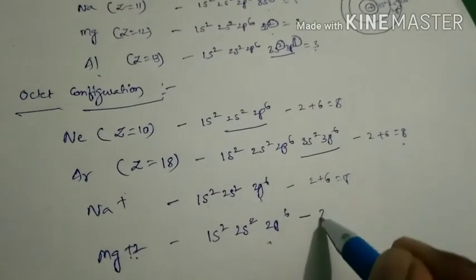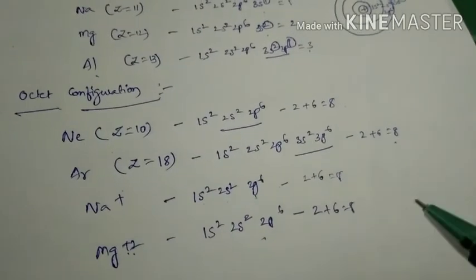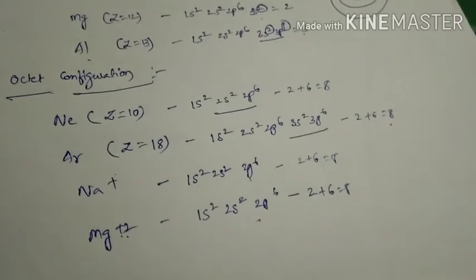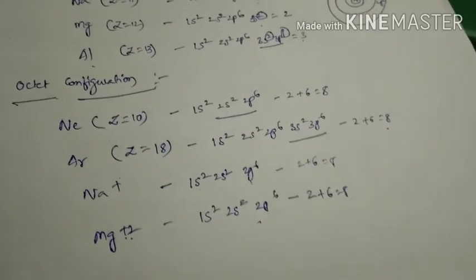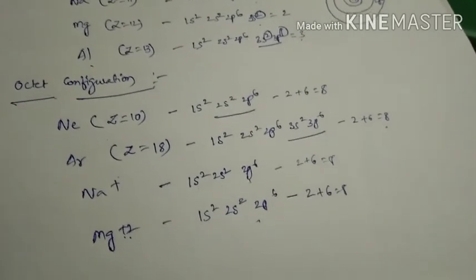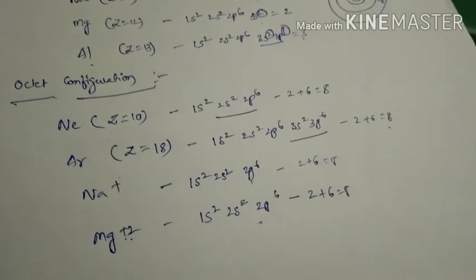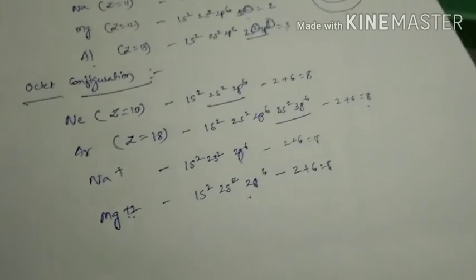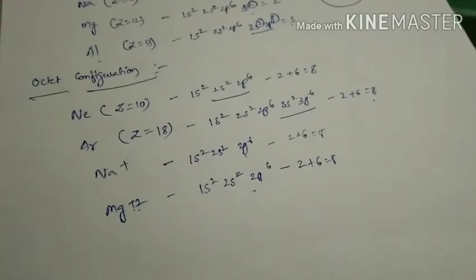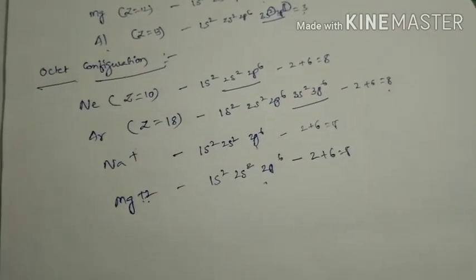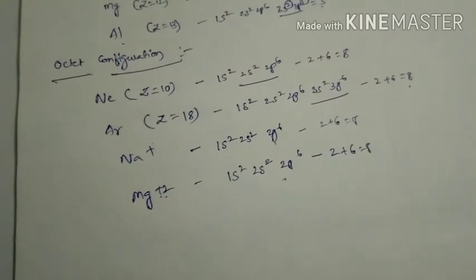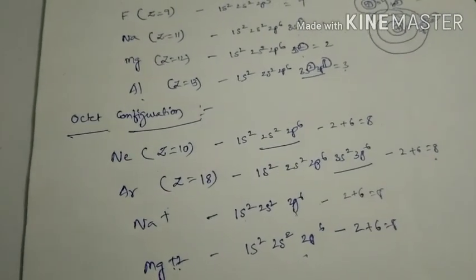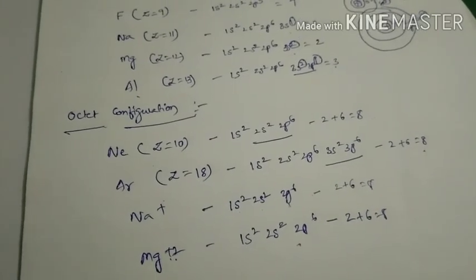Now this one also has 8 electrons, that means stable configuration. So what is the point? Every species, meaning atoms or ions or molecules, tries to get octet configuration, nothing but stable configuration, by losing, gaining or sharing of electrons. So this is all about octet configuration. Thank you.